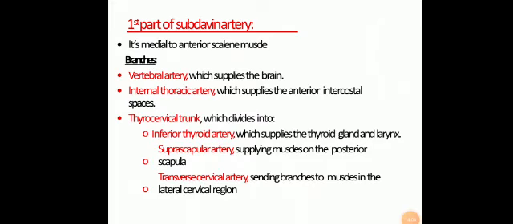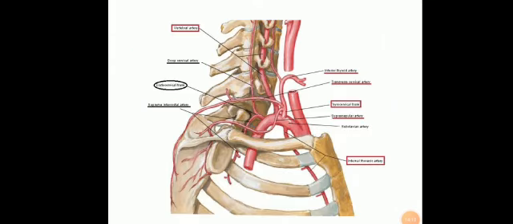The first part gives rise to three branches, which are internal thoracic artery, thyrocervical trunk, vertebral artery. This one, which passes through the foramen transversarium, is known as vertebral artery.